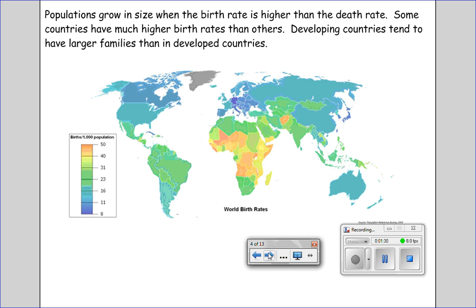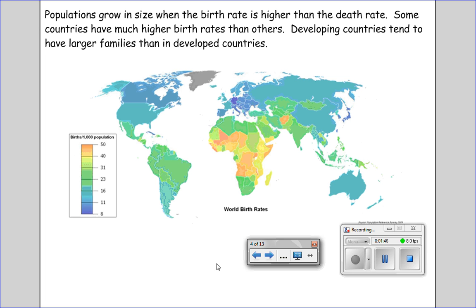Populations grow in size when the birth rate is higher than the death rate. Some countries have much higher birth rates than others. Developing countries tend to have larger families than in developed countries.